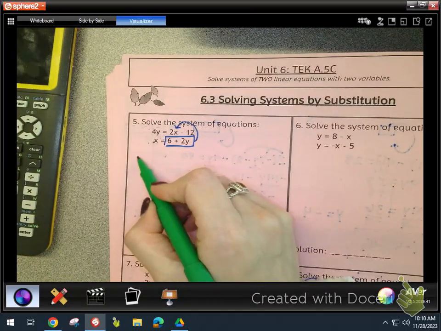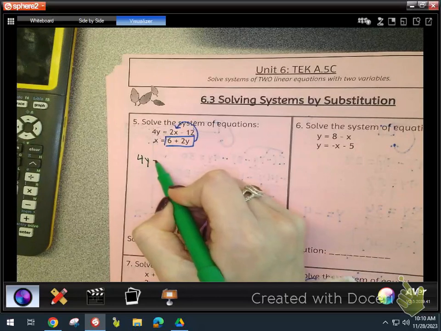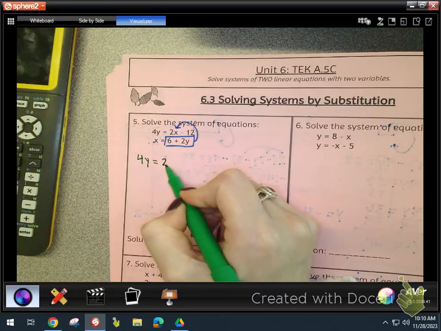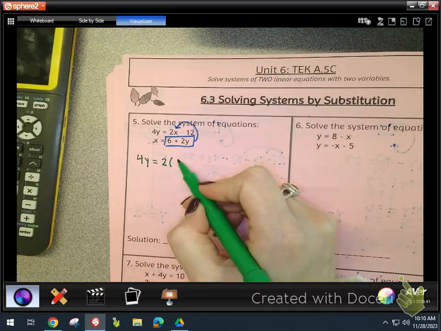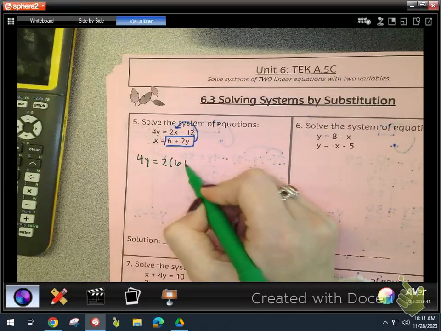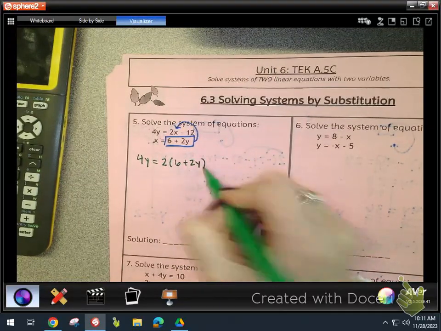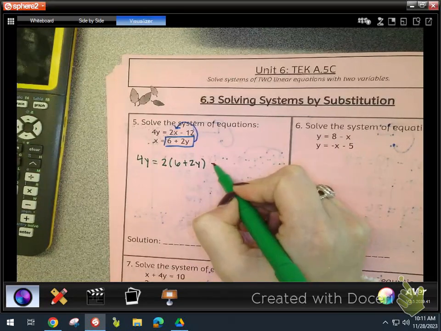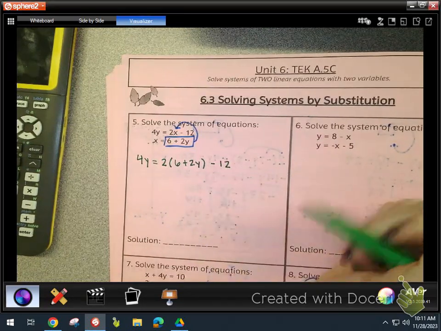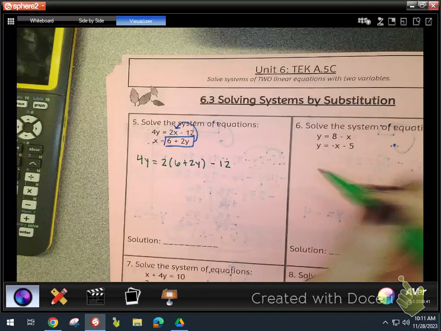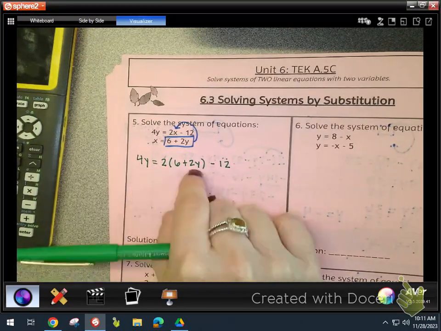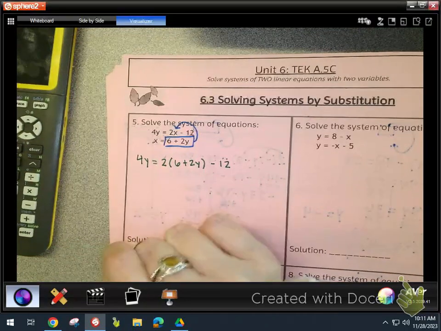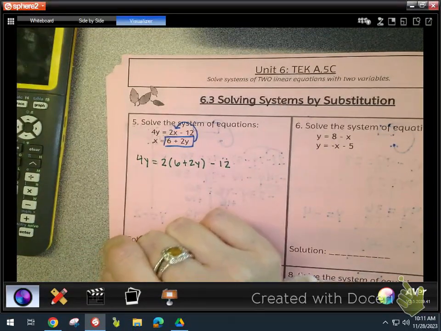So here we go. 4y equals 2, open parentheses. What am I subbing in for X? 6 plus 2y minus 12. Are we all in terms of the same variable? Check, check. Y, y. Okay? Only one variable now.